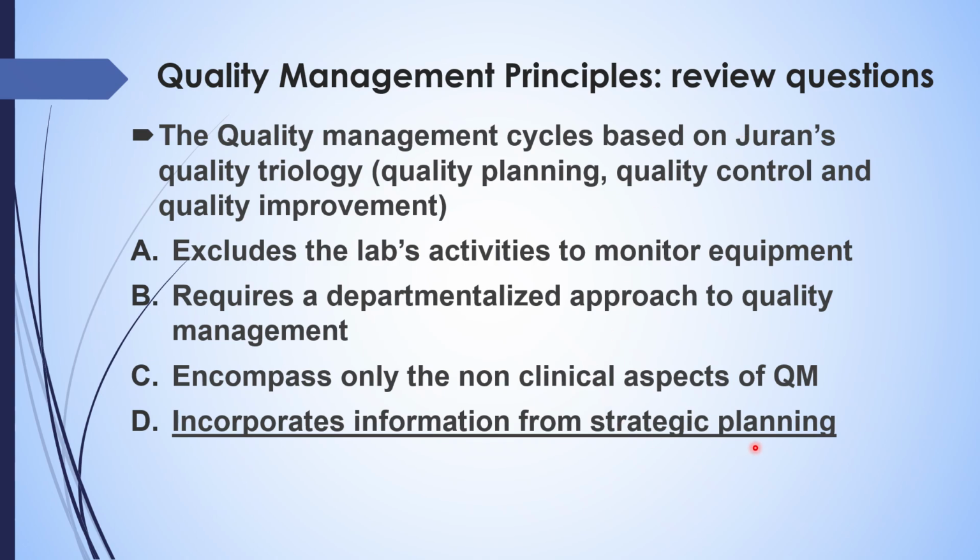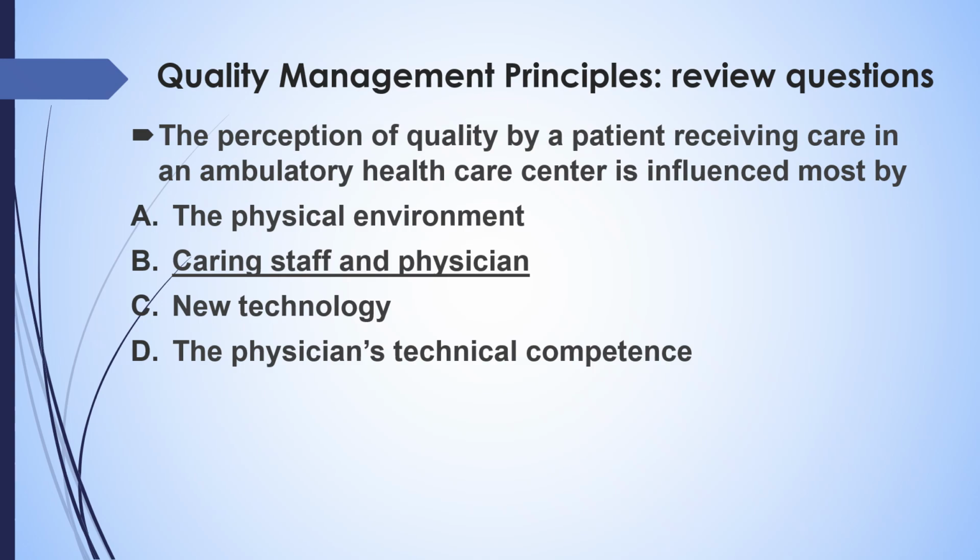Because strategic planning has its quality planning, quality control, and quality improvement, right? The departmentalized approach is a weakness in quality, right? Non-clinical aspects of quality management, no, that's also a weakness in quality, correct? So the correct answer is incorporates information from strategic planning. Strategic planning is the hospital's overall planning, quality control, and quality improvement.